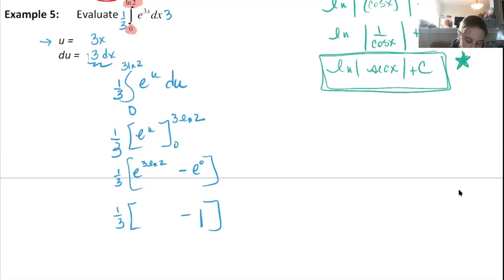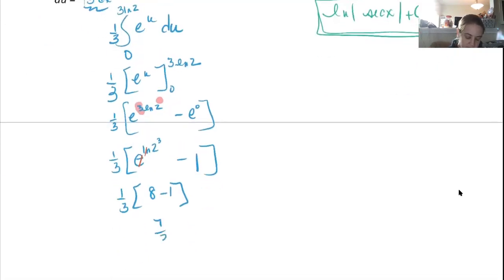Over here, remember your natural log, we just talked about this. The coefficient 3 can become an exponent. So e to the natural log of 2 cubed. Now what happens with the e and the natural log right next to each other? Those cancel out. So this is 2 cubed, which is 8, minus 1, which is 7/3.